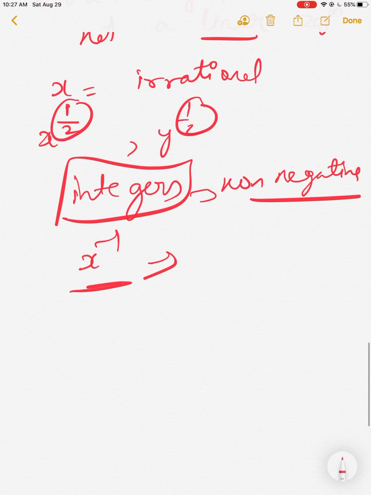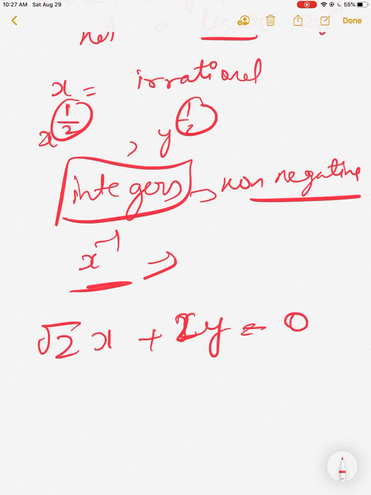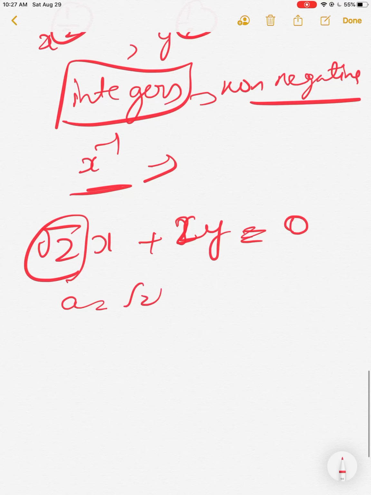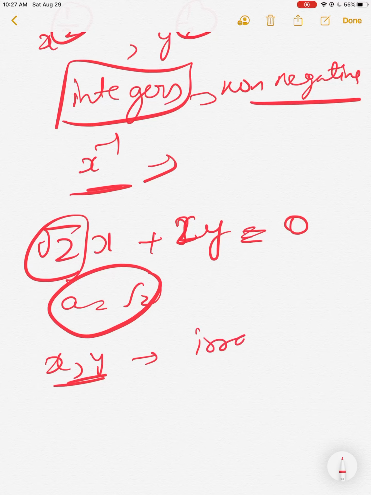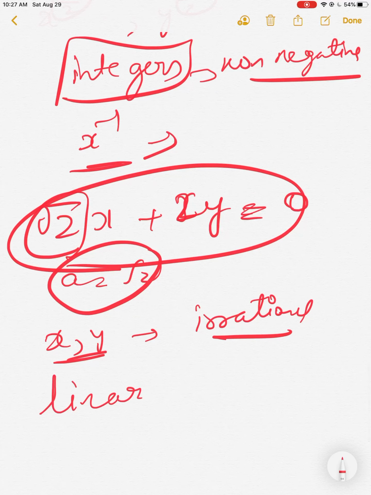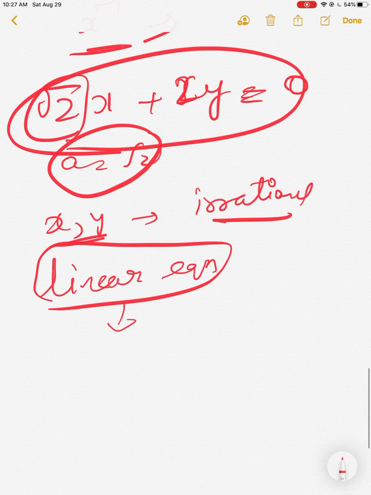Okay, now supposing one more equation, root 2 x plus 2y is equal to 0. Here a is equal to root 2. What I told you is that x and y variables should not be irrational numbers. Now if you take this particular equation, it is a linear equation, because x and y have positive power.